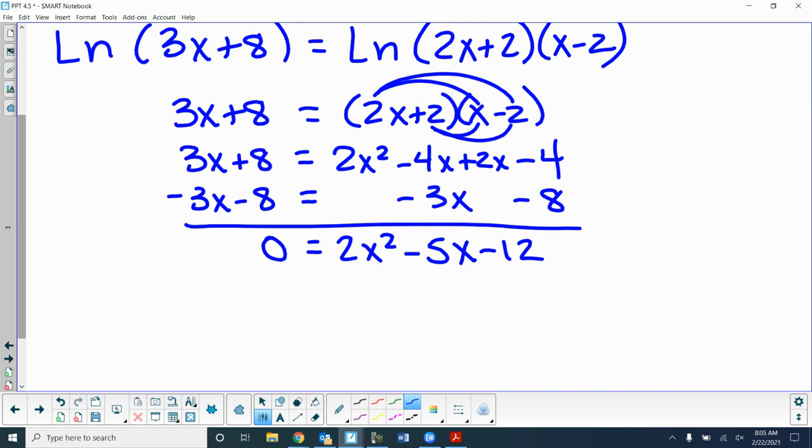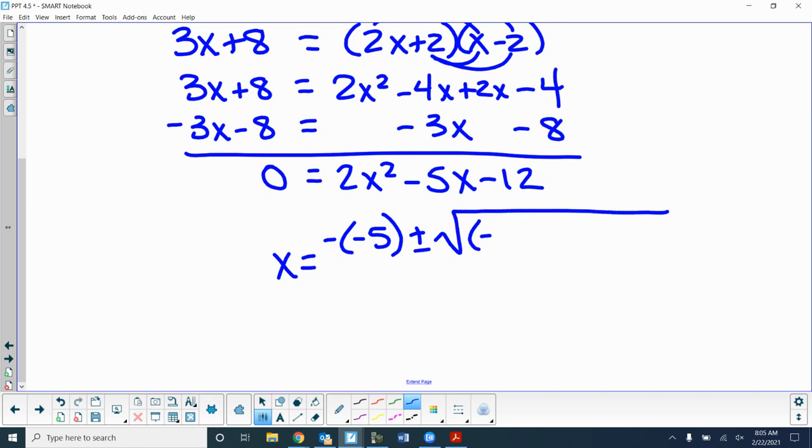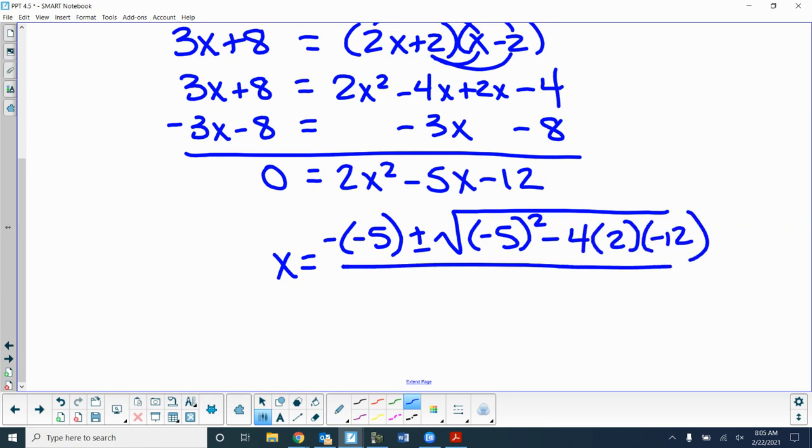We'll just do that since we haven't done that for a while, just to show you again. x equals negative b plus or minus the square root of b squared minus 4ac all over 2a. Some of you like that better than factoring. There's nothing wrong with that. That's just another way we learned to solve a quadratic.